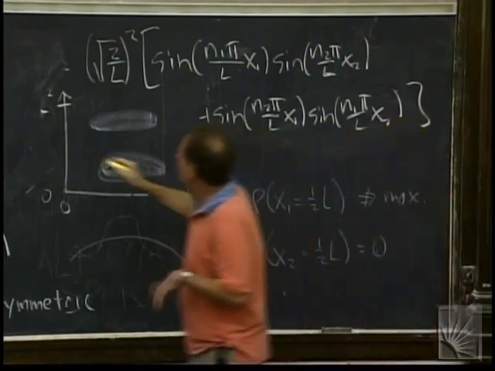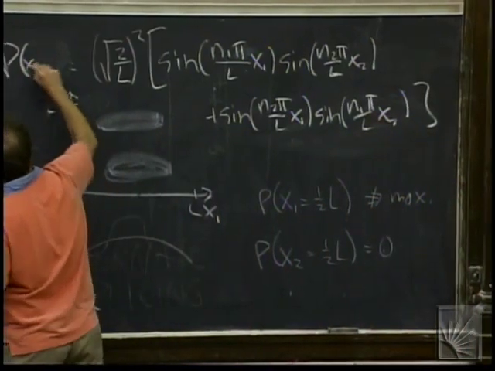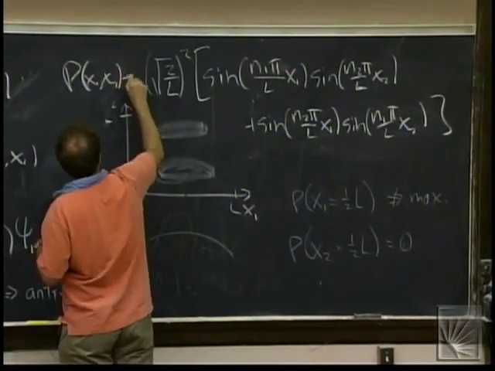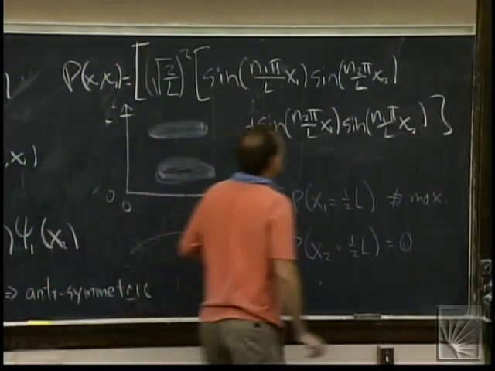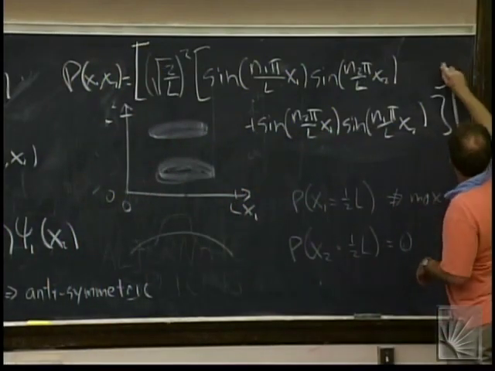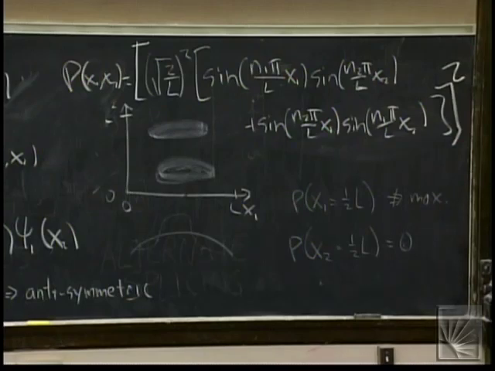And then if I want the probability of x1, x2, I just square it all. I just do it, right? Okay? That's all I'm doing.